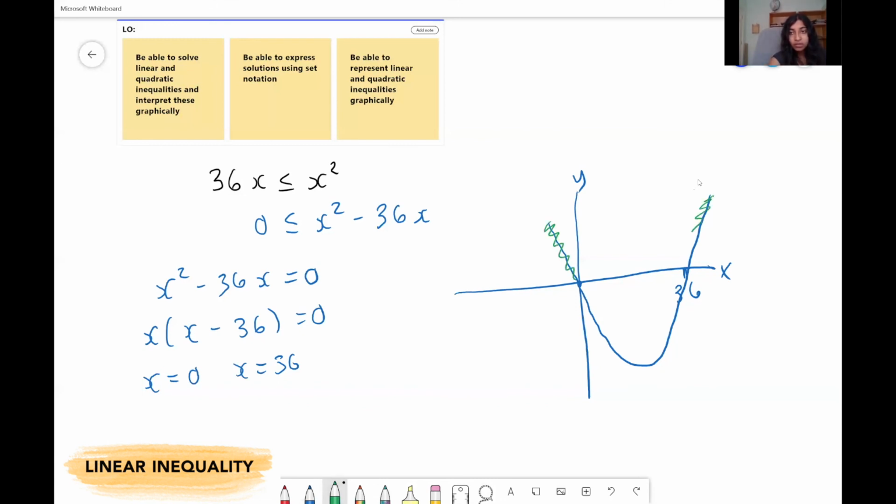All the values on these parts of the graph are more than 0. So all these values of x are less than 0, so you'd have x less than or equal to 0. Then all these values are more than 36, so you just have x is more than or equal to 36.